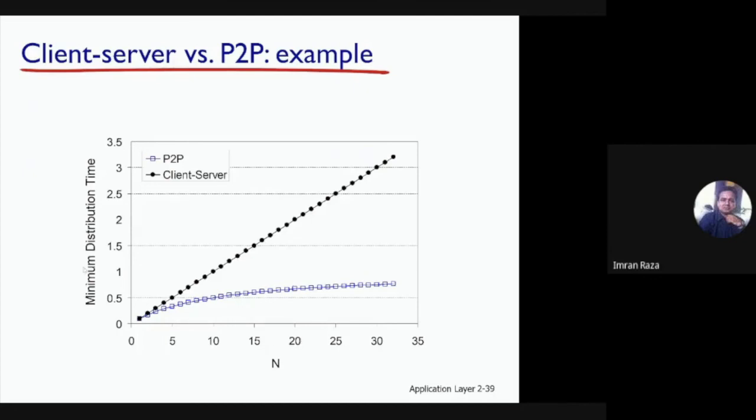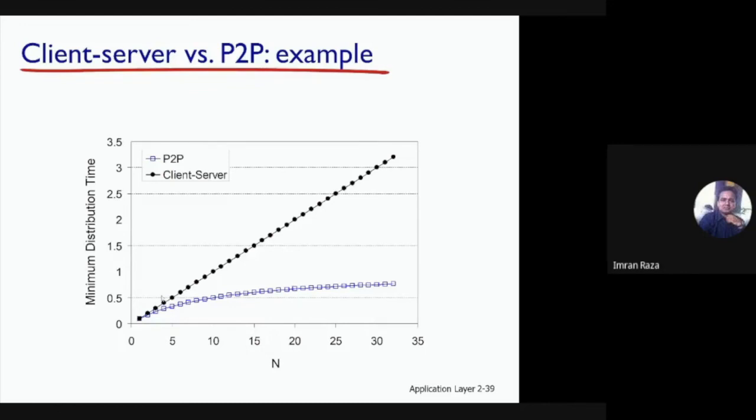And here we have the minimum distribution time. And here we have a line representing the time required to distribute a file in a client-server environment, and the time required to distribute a file in the peer-to-peer arrangement.